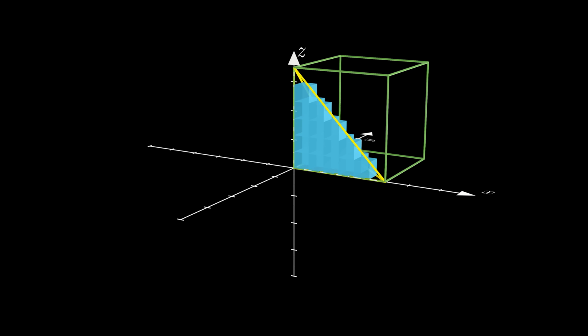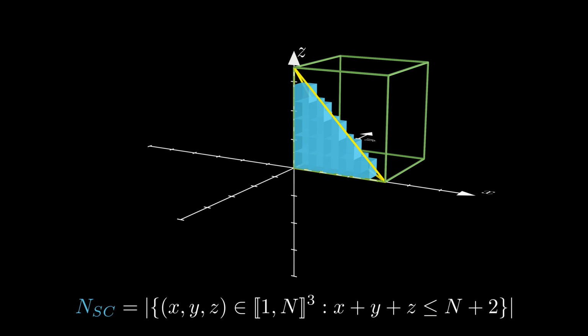But if we want to be a tiny bit more rigorous here, we can say that the total number of little cubes here is equal to the total number of (x, y, z) integers between 1 and n, such that the sum x plus y plus z is lower or equal than n plus 2. And I'm not going to give more explanation about this here, you can try to find it yourself and tell me in the comments below.